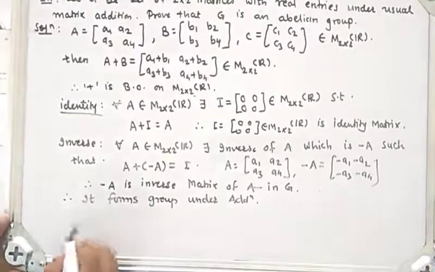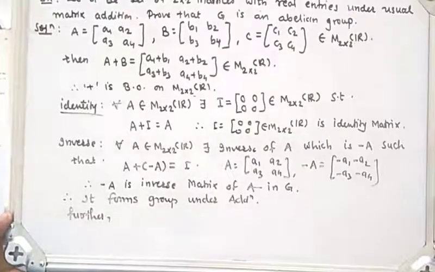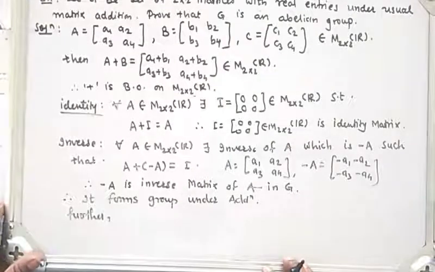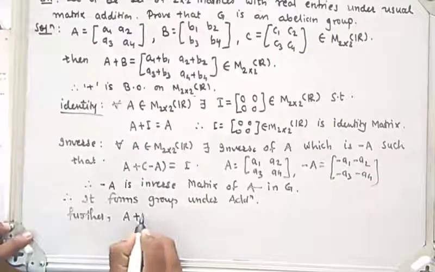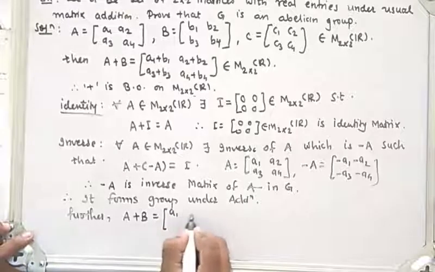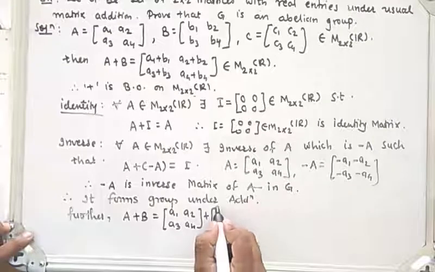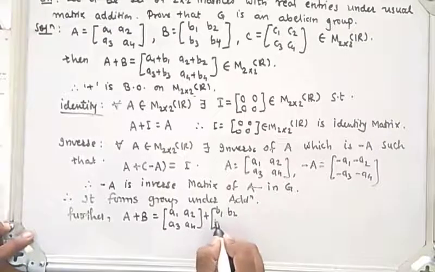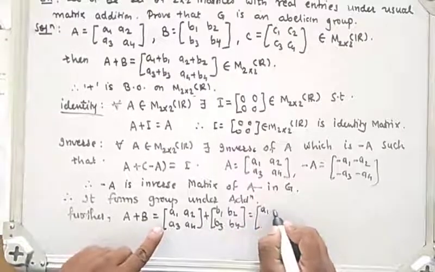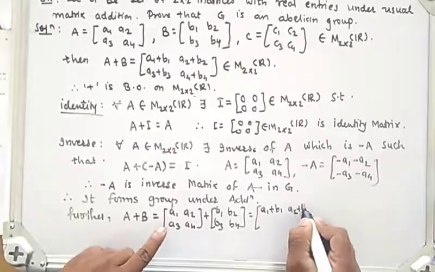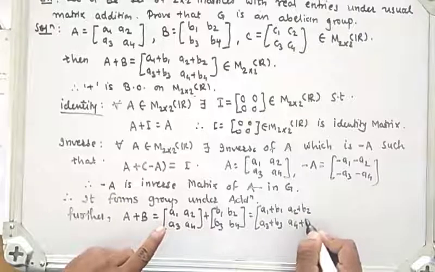Further, to check it is abelian, if A plus B is equal to B plus A, then we say that it is an abelian group. So A plus B is equal to A1, A2, A3, A4 plus B1, B2, B3, B4, which is equal to component wise addition: A1 plus B1, A2 plus B2, A3 plus B3, A4 plus B4.